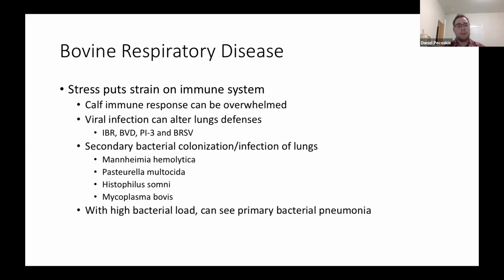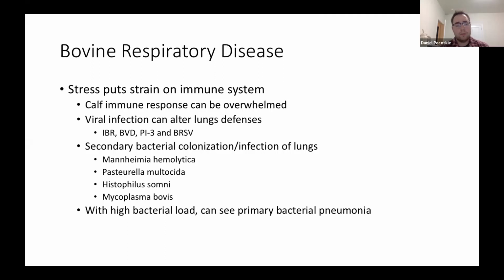And what can happen is you can get a secondary bacterial infection that sets in when the immune system is sort of knocked down. So commonly you see bacteria like Mannheimia, Pasteurella, Histophilus. Mycoplasma is a big disease of stress as well. You might see swollen joints, ear infections, or pneumonia, and any of these can result in sudden death as well.